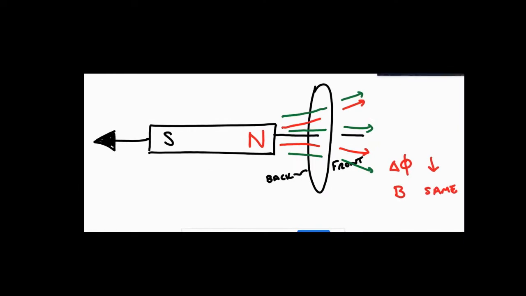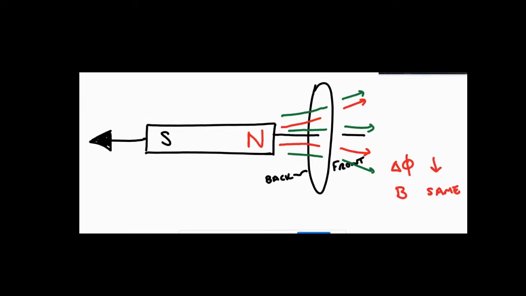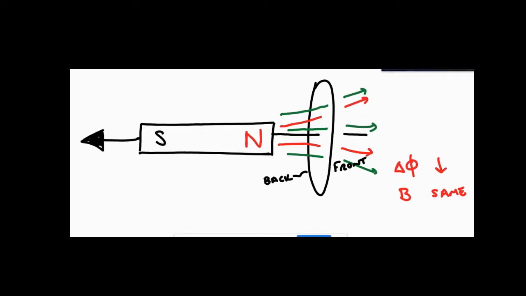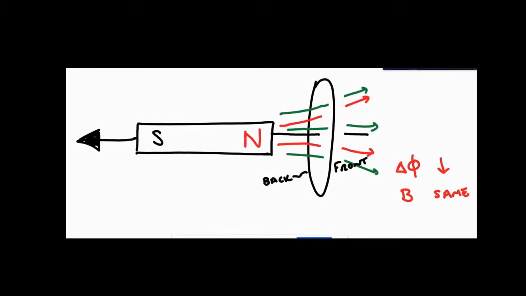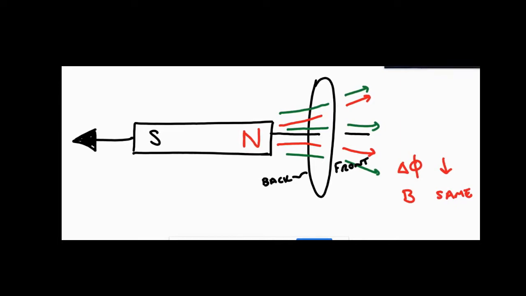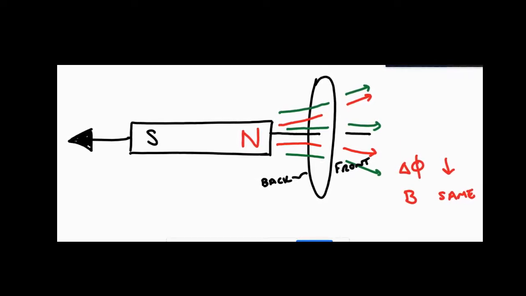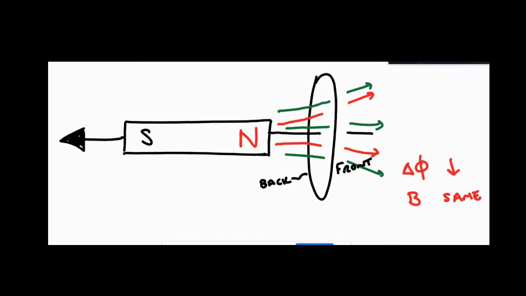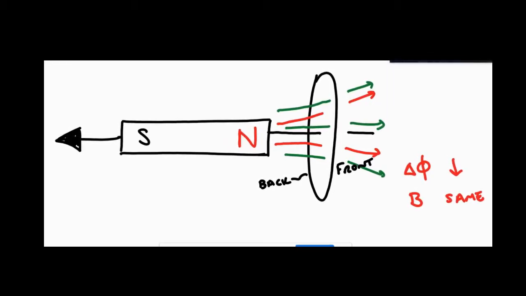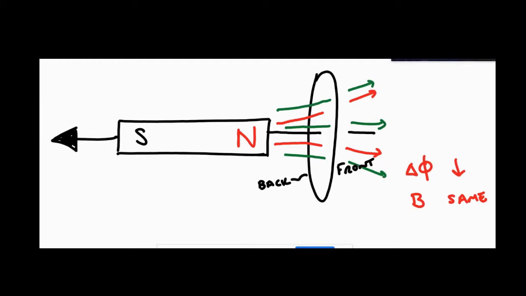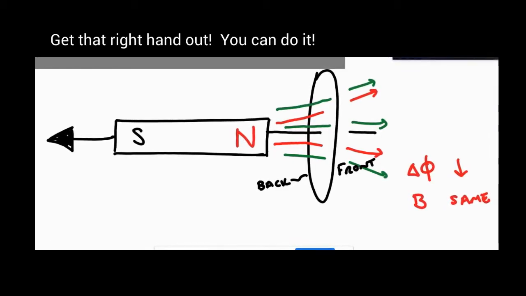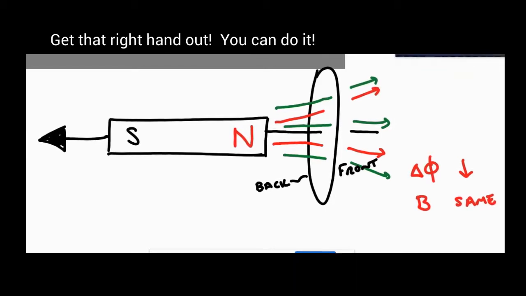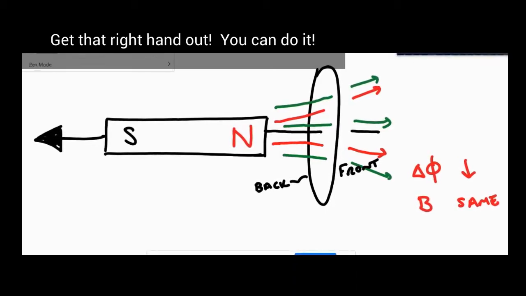So I take my hand, I get it inside the loop, I put my palm against the wire, and my thumb is going this way, clockwise.